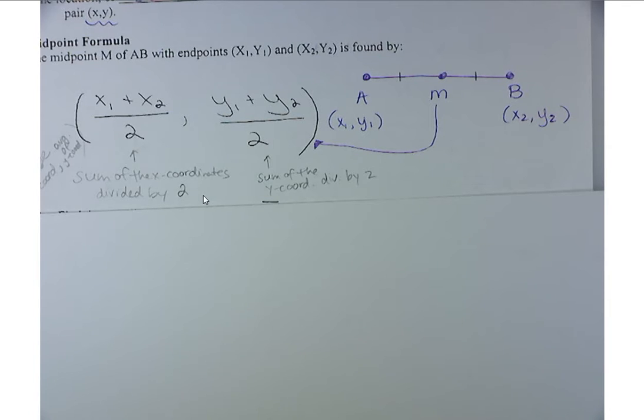B is going to be any point x2, y2. That can be anywhere on your coordinate plane. Then the midpoint would be found by adding the 2 x's together and dividing by what? 2. For the y's, you're going to add the 2 y's together and divide by? 2. Okay, so that's what we're going to do when you're finding the midpoint.